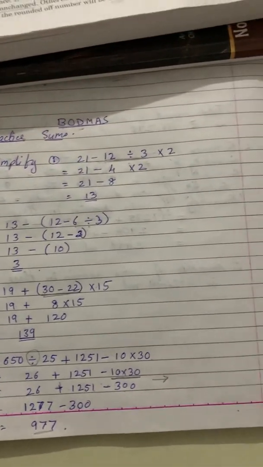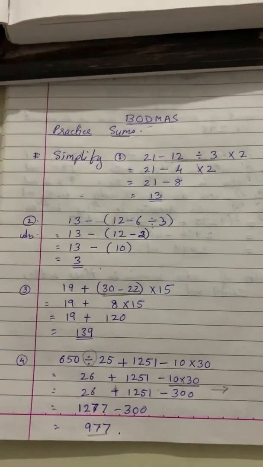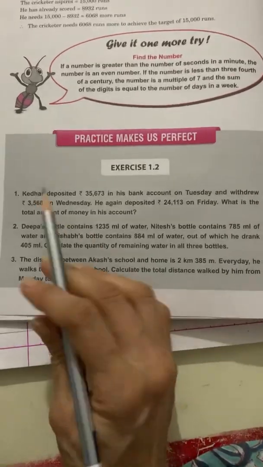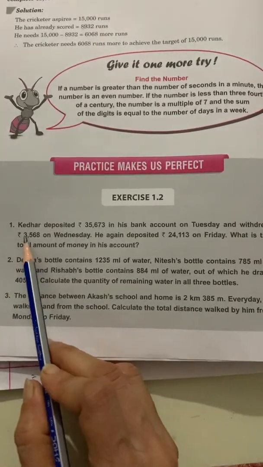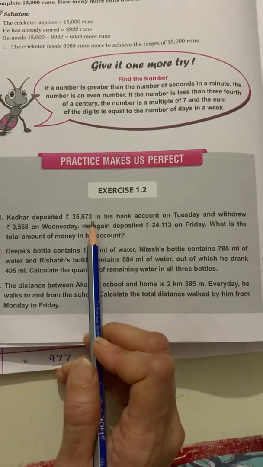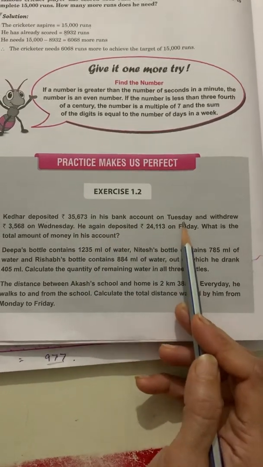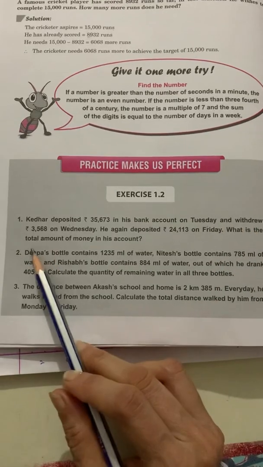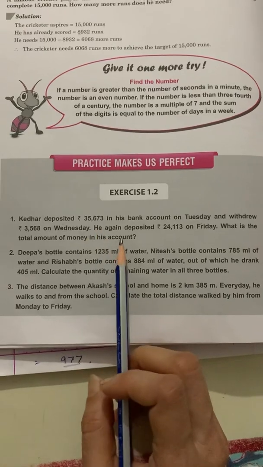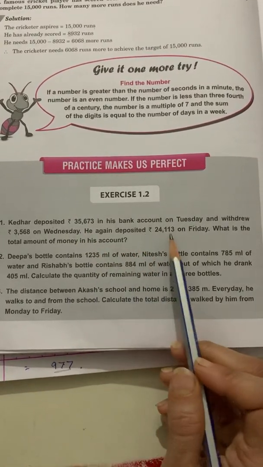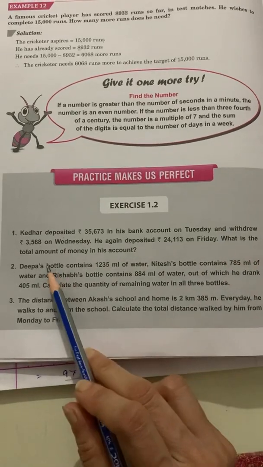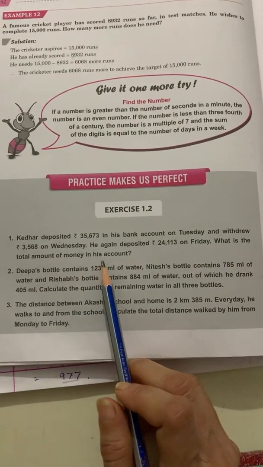So in exercise 1.2, if you read the first problem: Kedar deposited rupees 35,673 in a bank account on Tuesday and withdrew rupees 3,568 on Wednesday. He again deposited rupees 24,113 on Friday. So what is the total amount of money in his account?